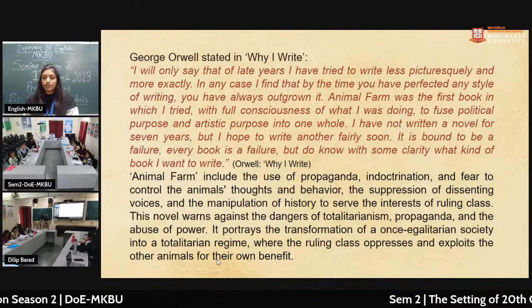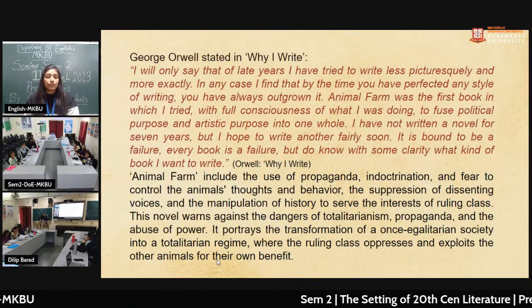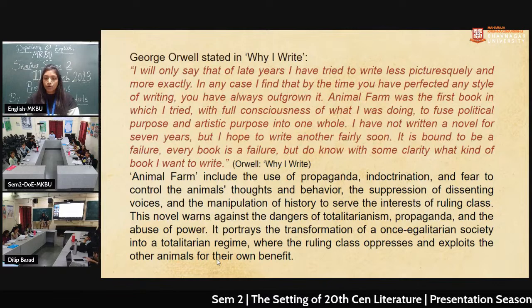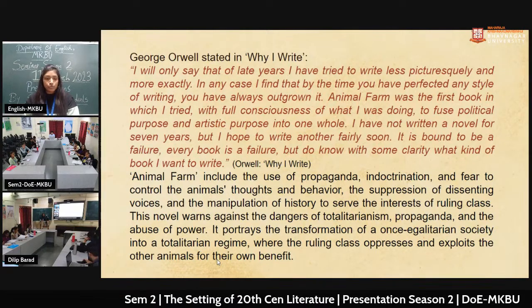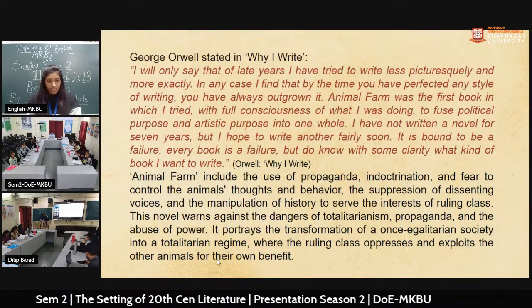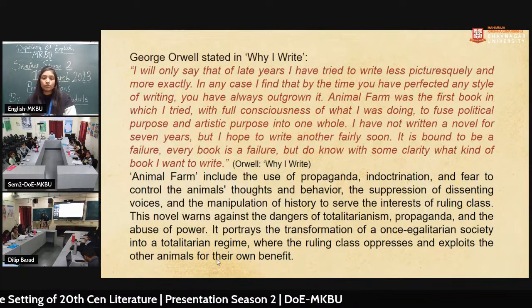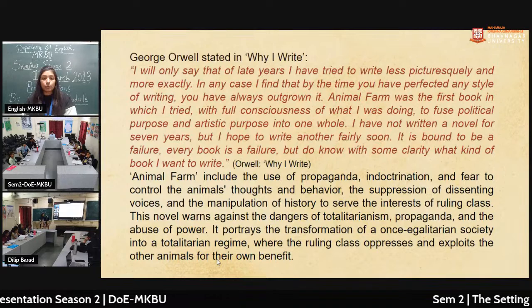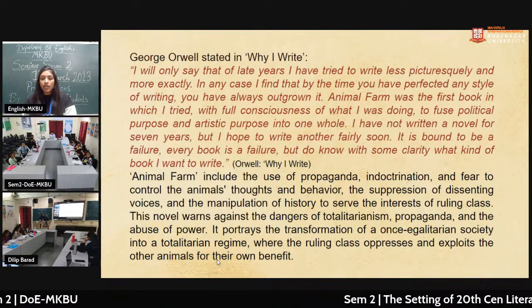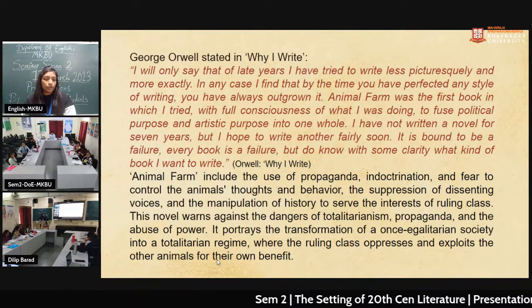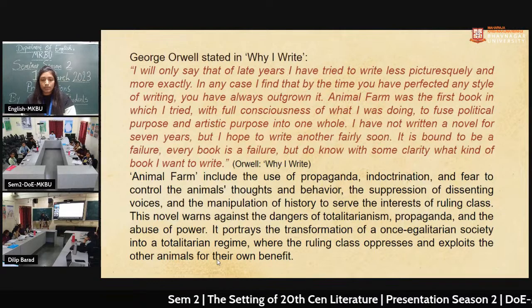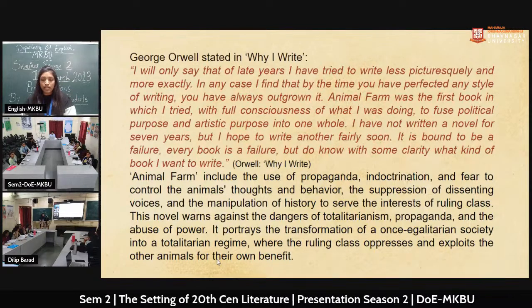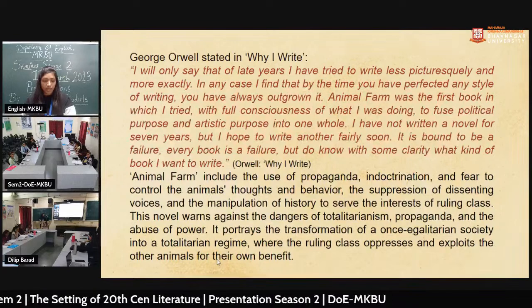Animal Farm was the first book in which I tried, with full consciousness of what I was doing, to fuse political purpose and artistic purpose into one whole. I have not written a novel for 7 years, but I hope to write another very soon. It is bound to be a failure. Every book is a failure, but I do know with some clarity what kind of book I want to write.